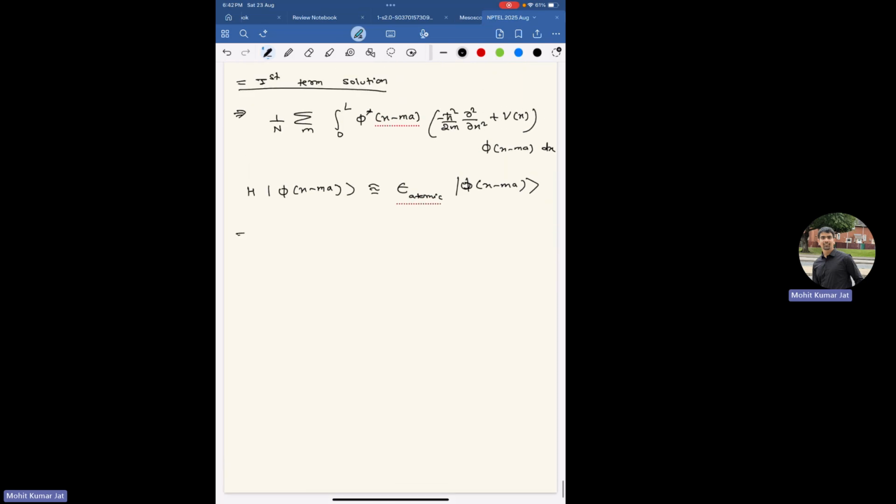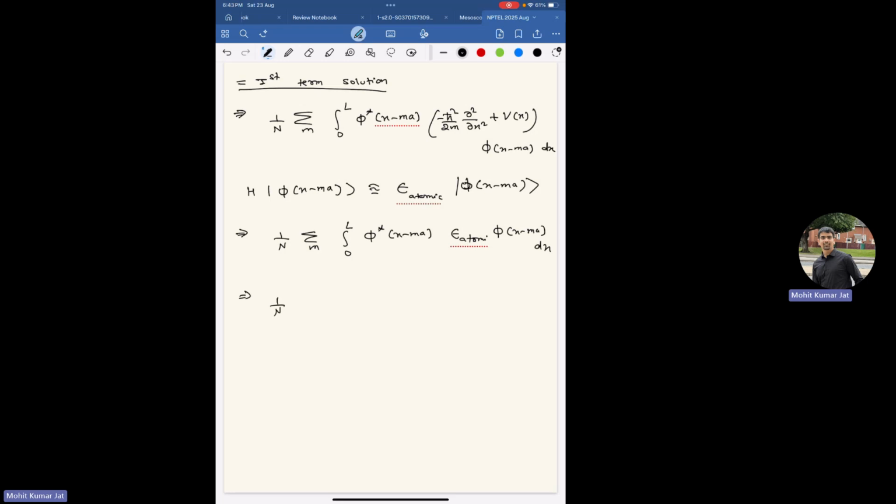And essentially, this is nothing but 1 by n, 0 to L, phi star x minus Ma, epsilon atomic, phi x minus Ma. But phi is already normalized. So what will it give you?